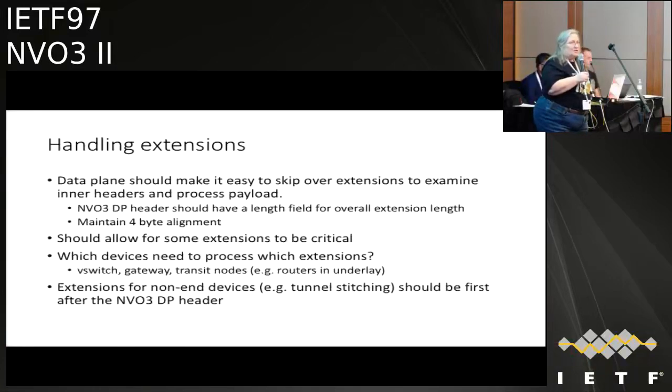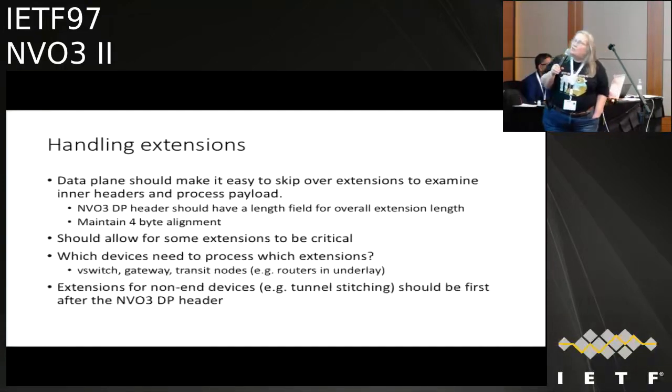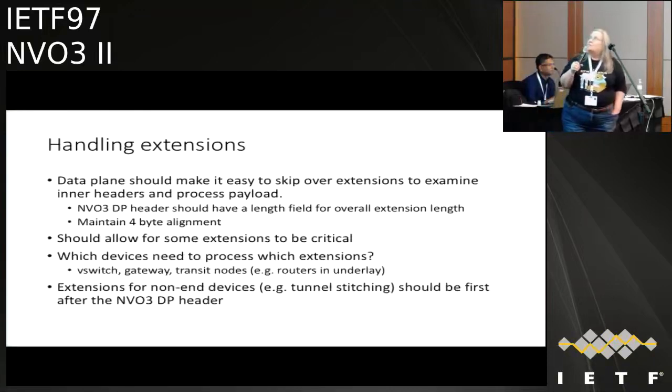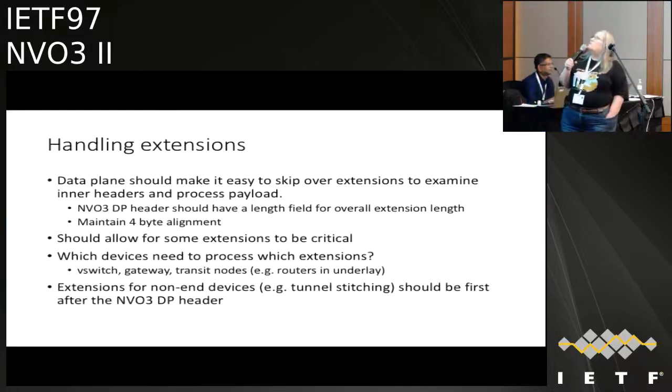For instance, a tunnel stitching extension to help an NVE at the edge know what to stitch, what the next tunnel is. Extensions for non-end devices should be placed earlier in the packet, closer to the NVO3 header, so that nodes in the middle of the network don't have to process through the list to get to them, but can get to them in the first bytes they see. Okay, next.